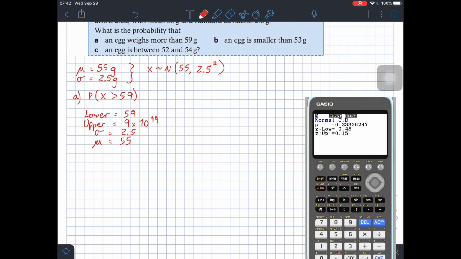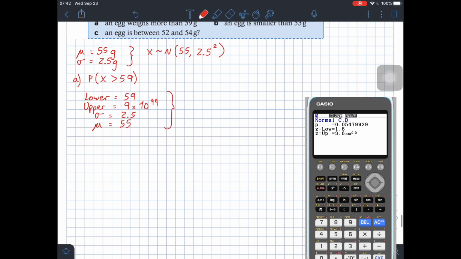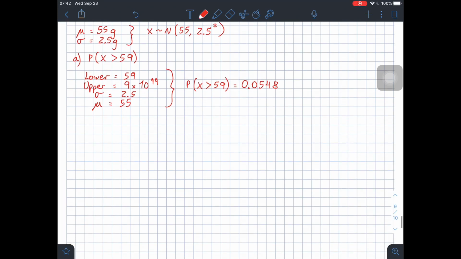So if we do this in the calculator, our lower is 59, the upper is 9 times 10 to the power of 99, our standard deviation is 2.5, and the mean is 55. We click on execute, and there we have the value, right? So the probability of x being greater than 59 is equal to 0.0548.